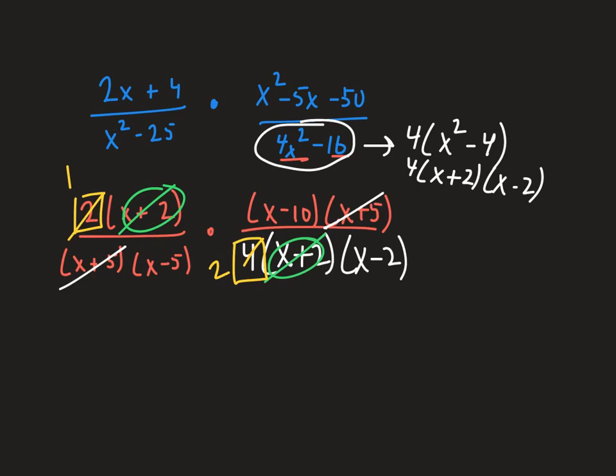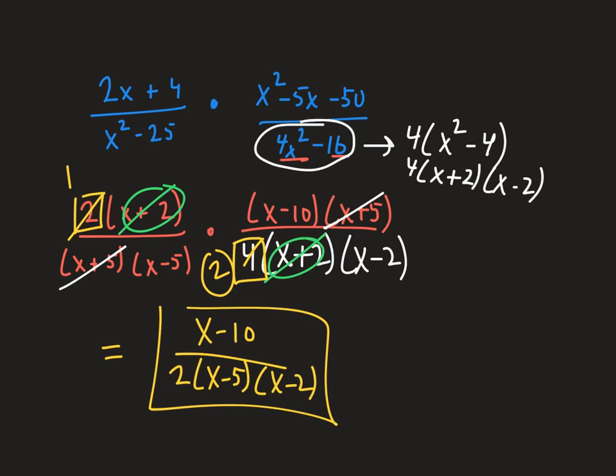And now if we clean up what's left, the numerator just has a factor of 1 and a factor of x minus 10. In the denominator, there's still that 2, a factor of x minus 5, and a factor of x minus 2. So that would actually be our new simplified form.